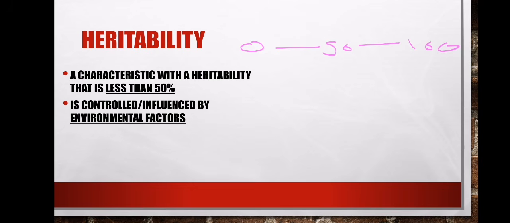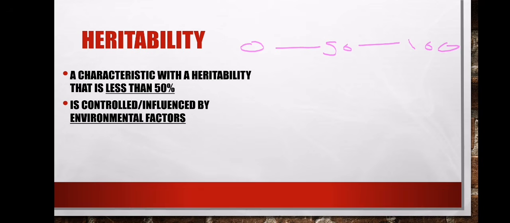And a characteristic that is mostly influenced by environmental factors cannot be transferred to the offspring. And such a characteristic that cannot be transferred to the offspring, it simply means that a farmer cannot use that characteristic in a breeding program, or cannot choose an animal with a characteristic that is less than 50%. Why? Reason number one, the characteristic has a heritability that is less than 50%.